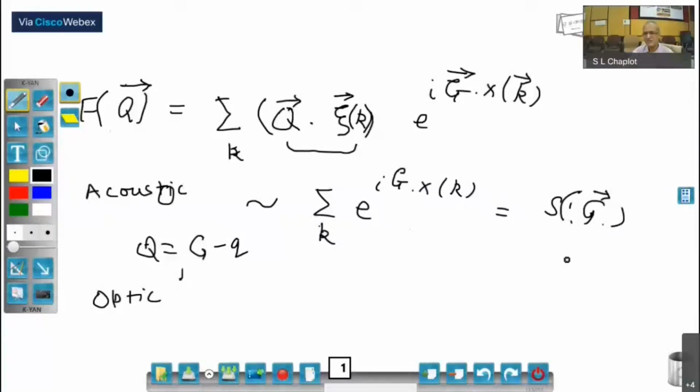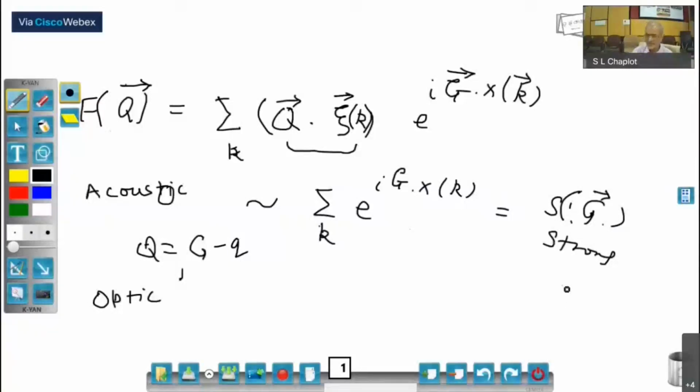So for optic modes it's usually the other way: if you have a strong Bragg reflection, you get a good intensity for acoustic modes. However, for optic modes, you get good intensity at points where the Bragg reflections are not very strong.